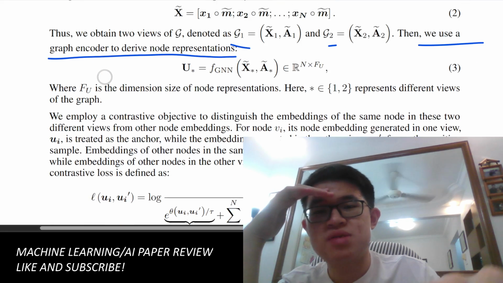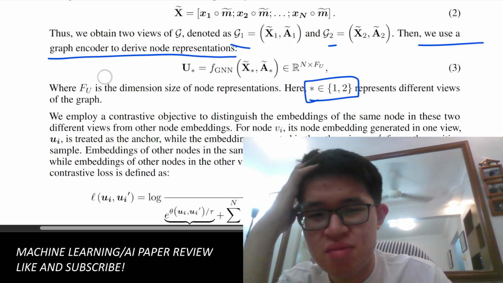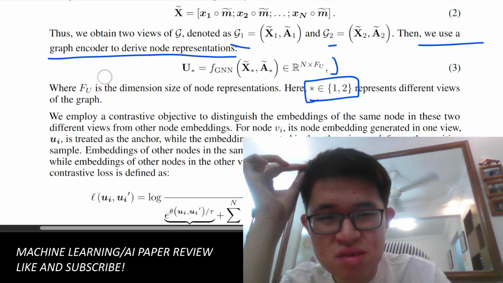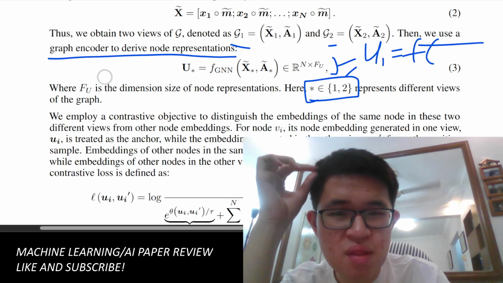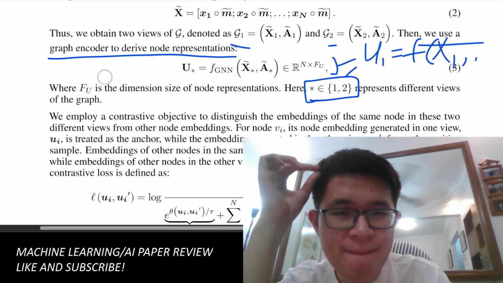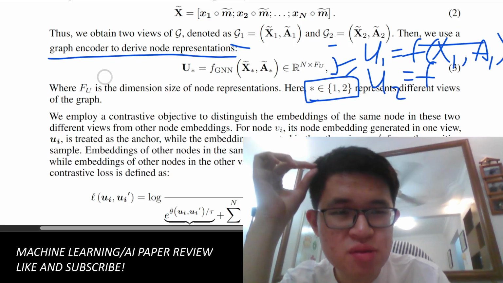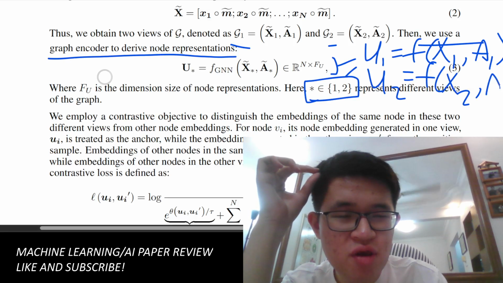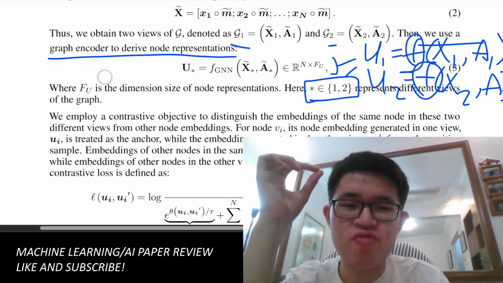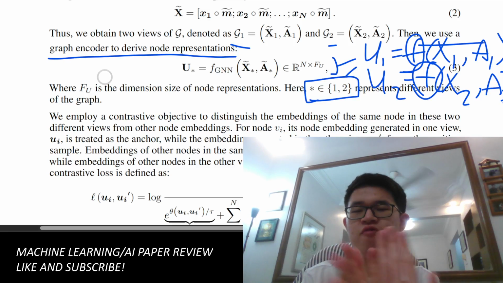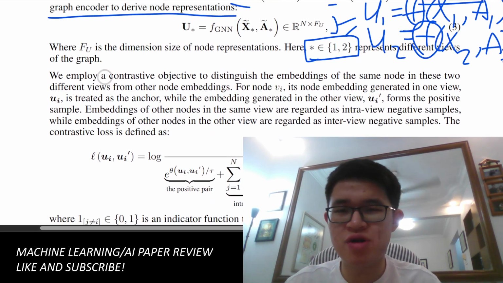This is not so clear, but essentially you have 2 different outputs for 2 different views, but the same function regardless. And then you can perform the contrastive learning approach on U1 and U2.